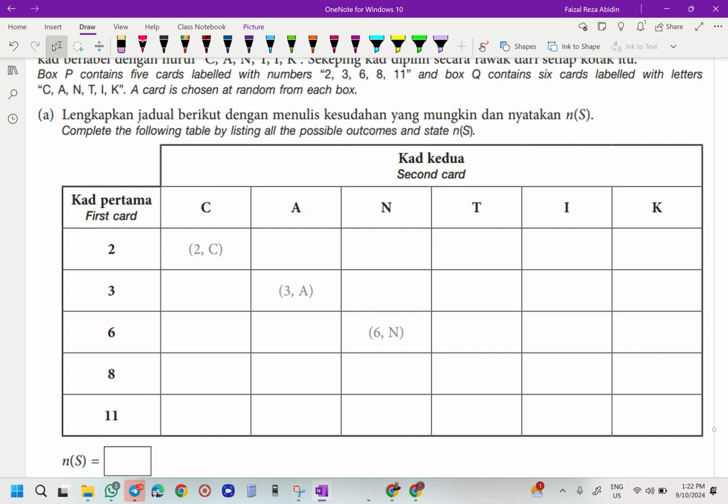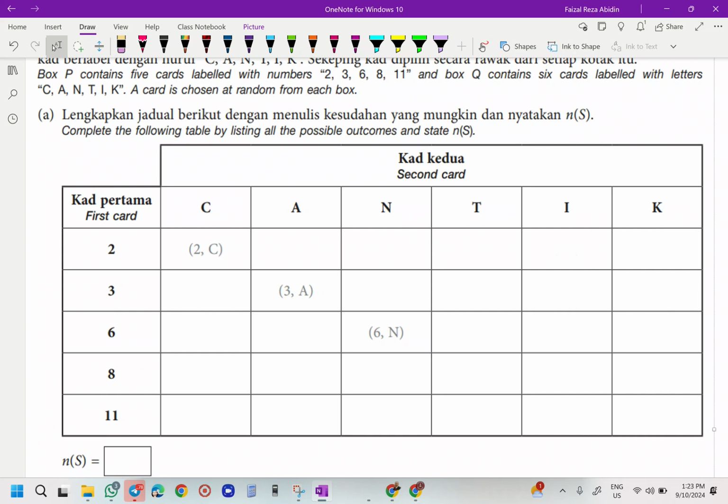Is it correct? The probability of getting our first event A, a number, is 5 cards, times the probability for B, a letter from box Q, 6 cards, so 5 times 6, you're going to get 30.